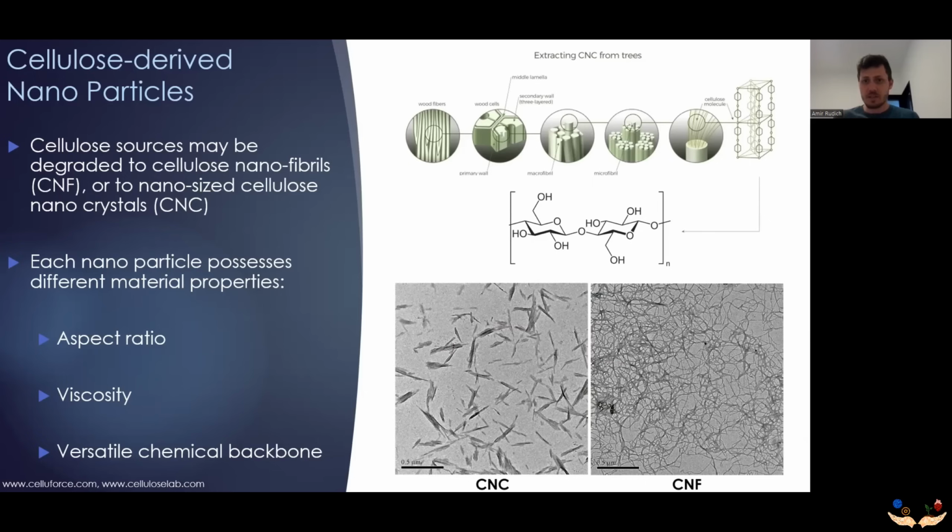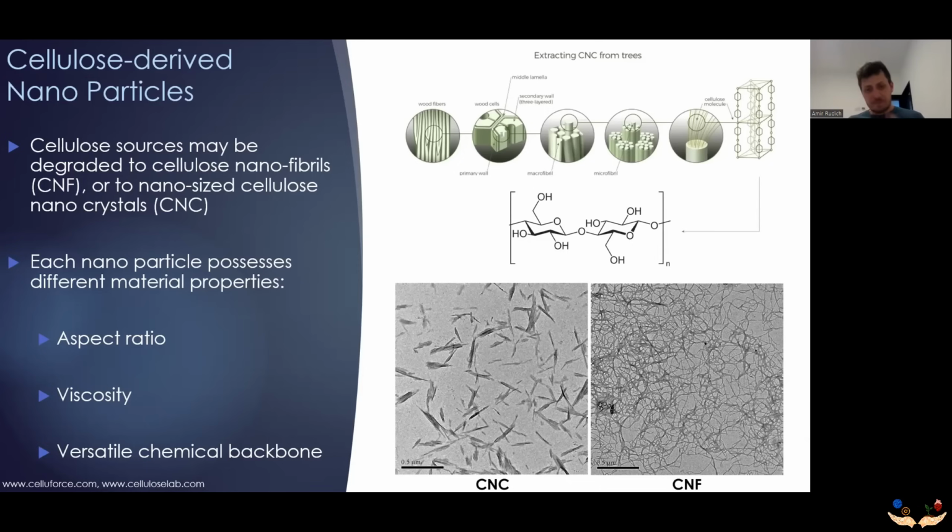Now, cellulose itself can be used as a source material for nanocellulose. Cellulose mass can be disintegrated using various chemical or mechanical treatments to yield different nanoparticles.